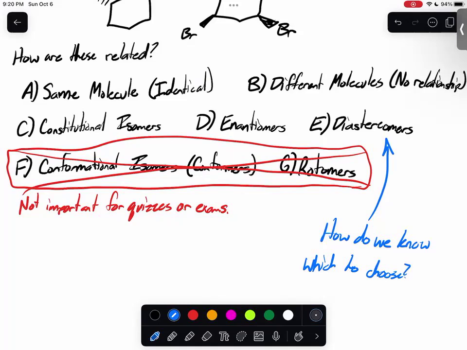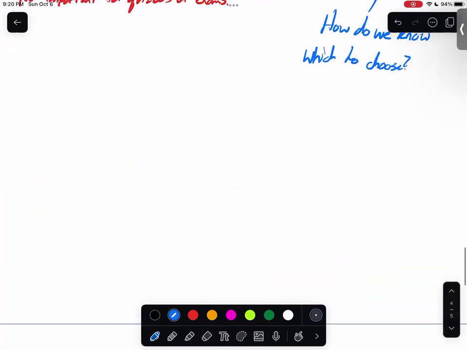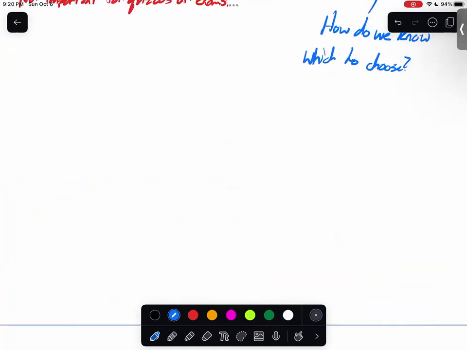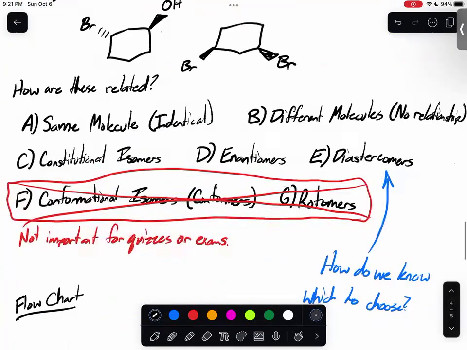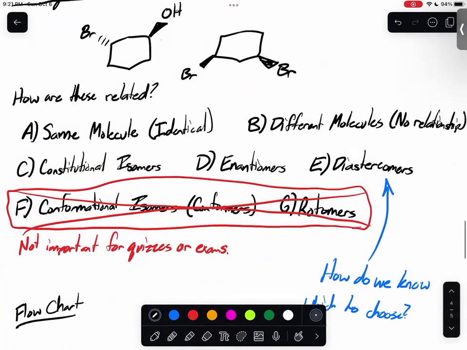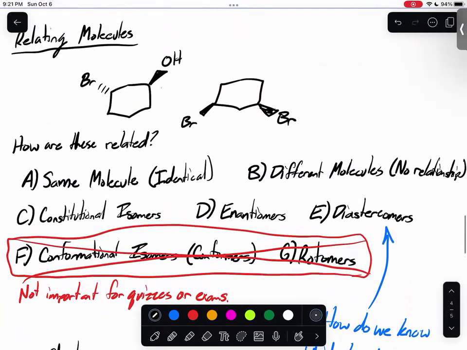And that is where we come to a very, very handy flowchart for our relationships, right? Because all of these terms up here are related to one another in different ways. Okay, so anytime you see this question about how are these molecules related, I want you to start by looking at them and going through this flowchart one at a time because it's going to help you differentiate this without confusing yourself.